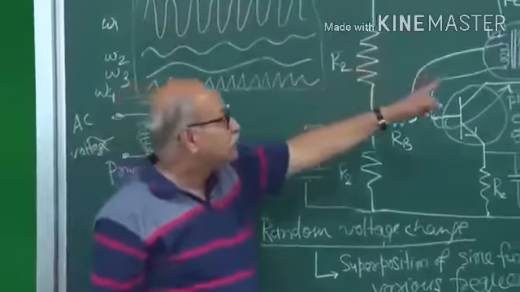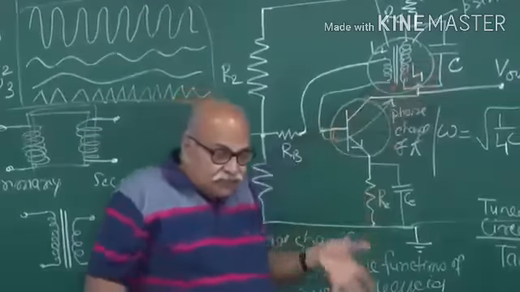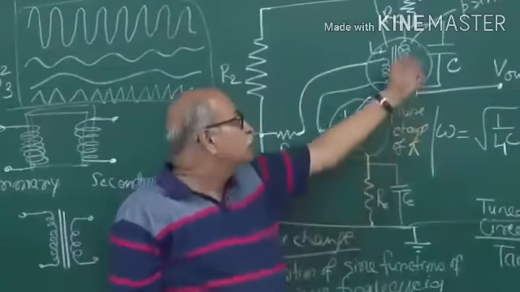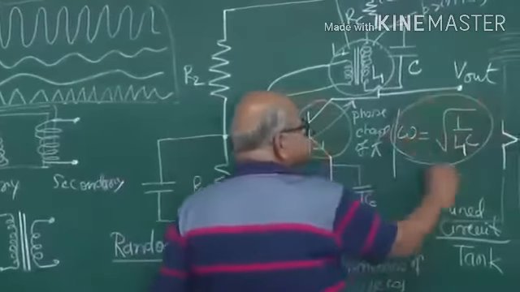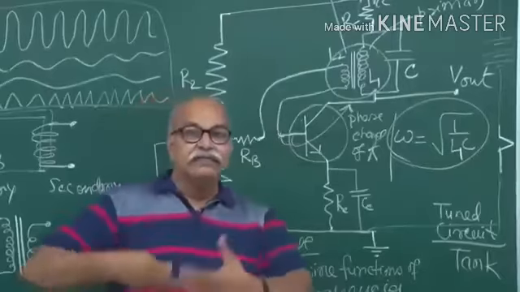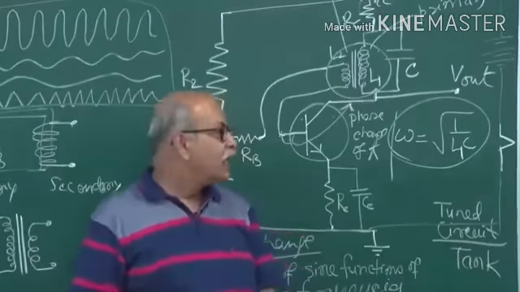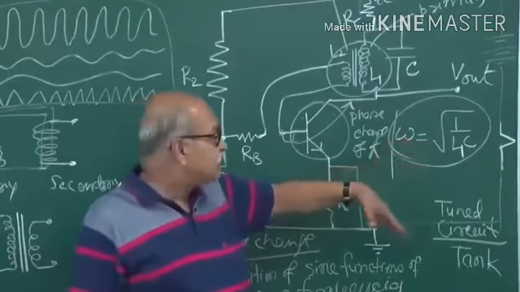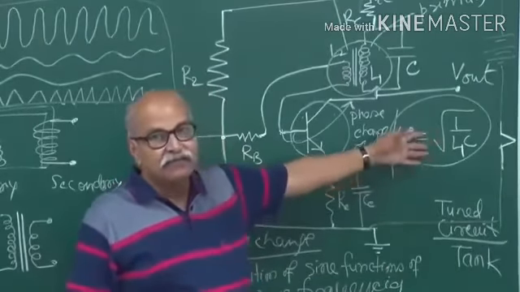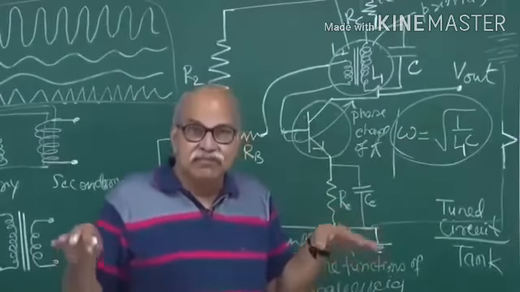But this is a circuit where, if the input is at this frequency, it oscillates with larger amplitudes, and if other frequencies come which are very different, those oscillations are of very small amplitudes.